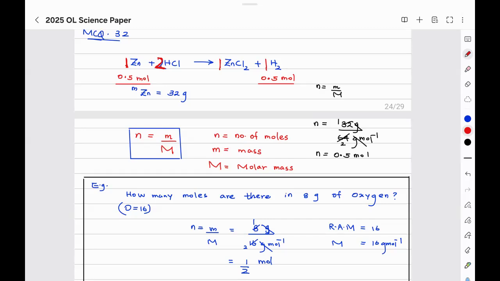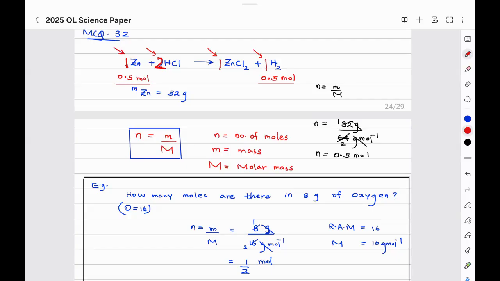According to the reaction, zinc is reacting with HCl to produce zinc chloride and H2. But when you balance the reaction, you can realize 1 mole of zinc reacts with 2 moles of HCl to produce 1 mole of zinc chloride and 1 mole of H2.